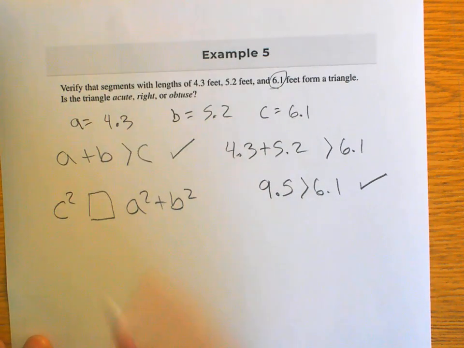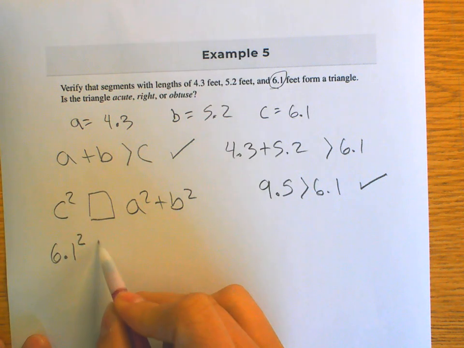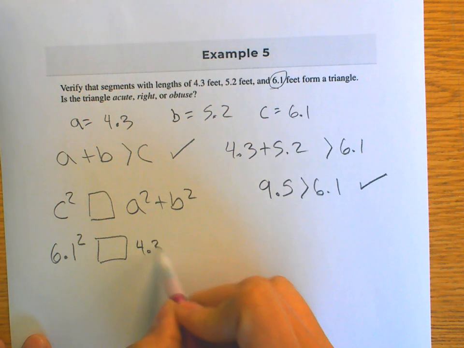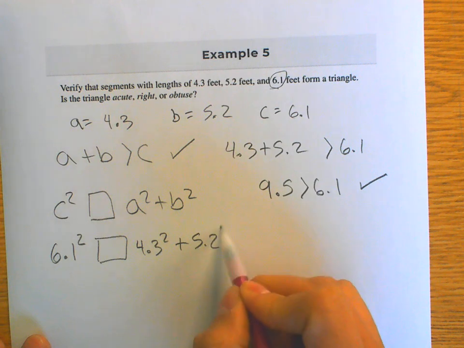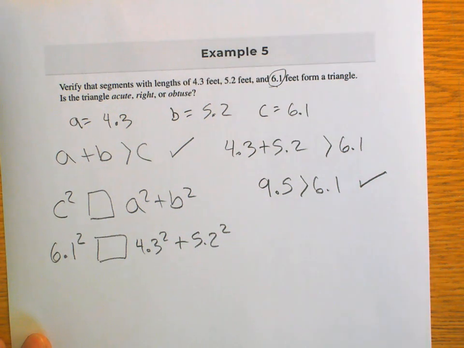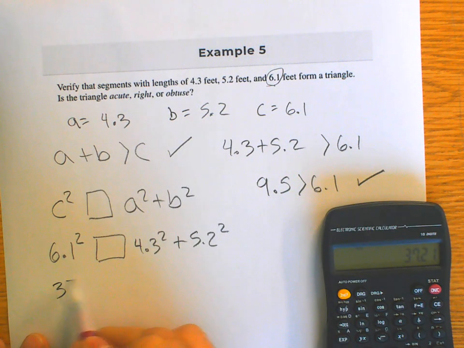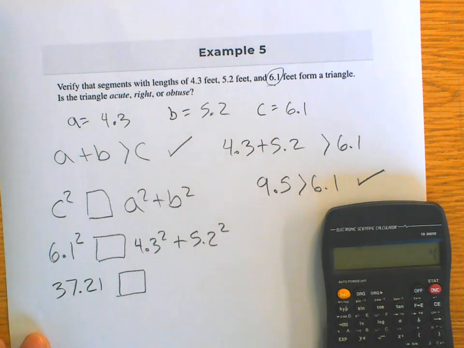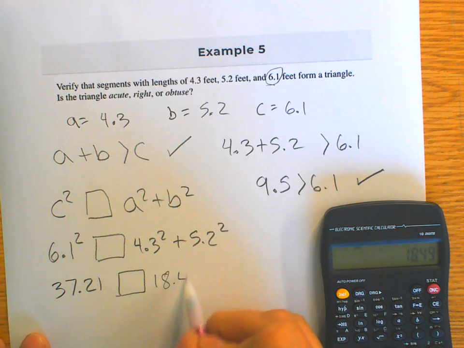So that should give me C squared, 6.1 quantity squared. A should be 4.3 quantity squared. B should be 5.2 quantity squared. And all you have to do now is use the calculator. When you do that, you get 37.21, 4.3 quantity squared is 18.49.